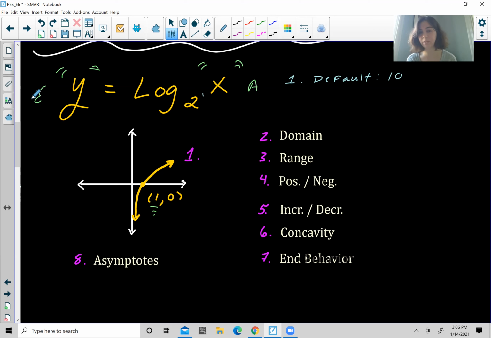And the answer would be 0, because anything to the power of 0 is just going to be 1. So that is that intercept, which is different from exponential because we had a y-intercept of (0, 1). So we basically just flipped it. And then domain and range for inverses, you just flip them again.